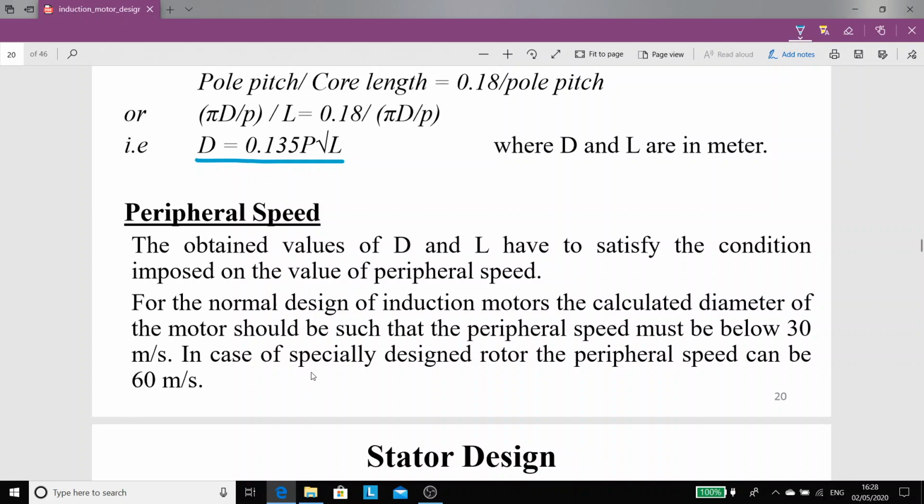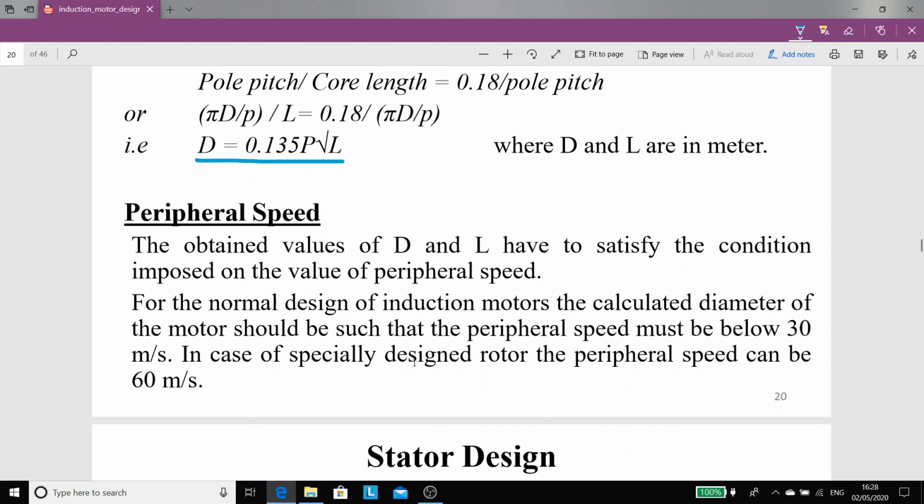And in the special case, if special applications are there, then we have to design our rotor with a special material which is capable of withstanding much higher peripheral speed, which may extend up to 60, or in some cases up to 75 meters per second also.